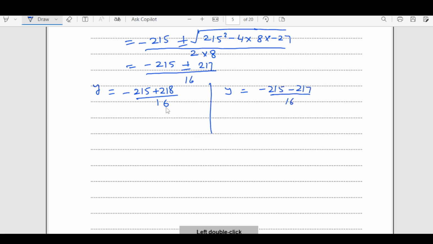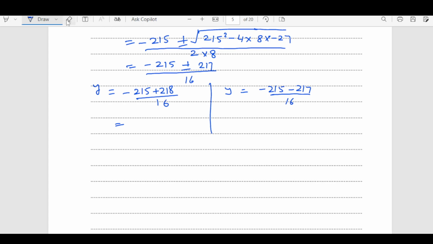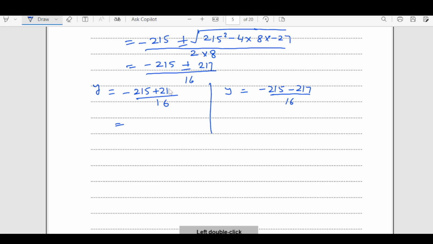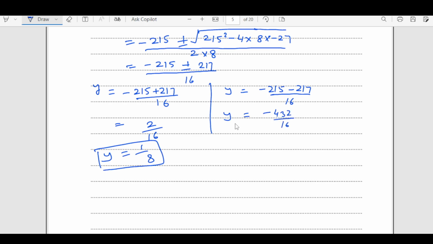So when you add, this is 2 over 16, which gives us 1 over 8. So y is 1 over 8. And here we will have 432 over 16, so y comes out to be negative 27.